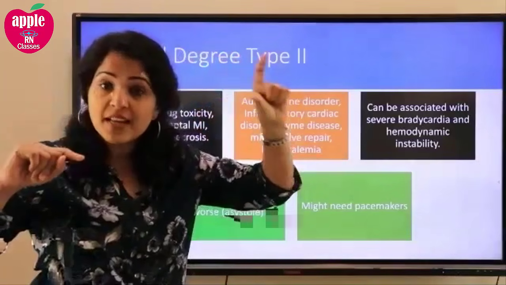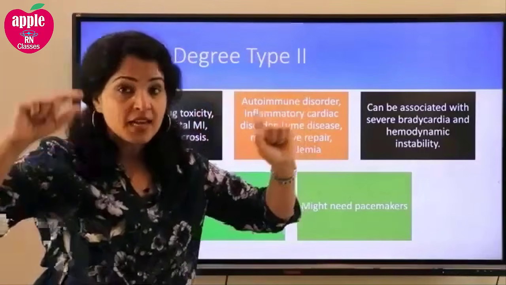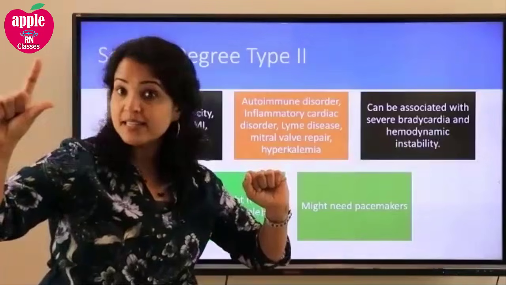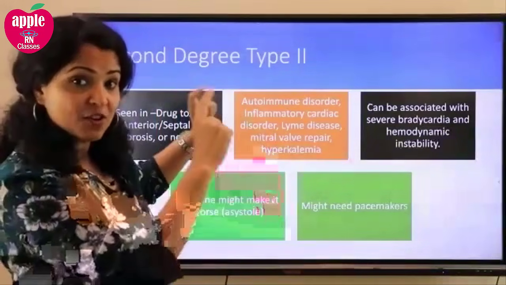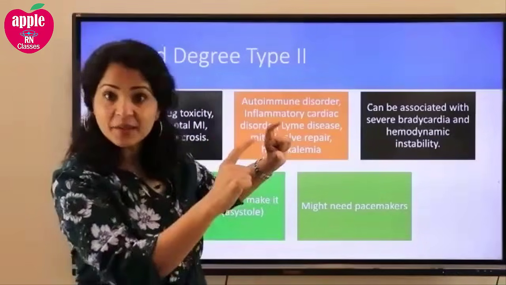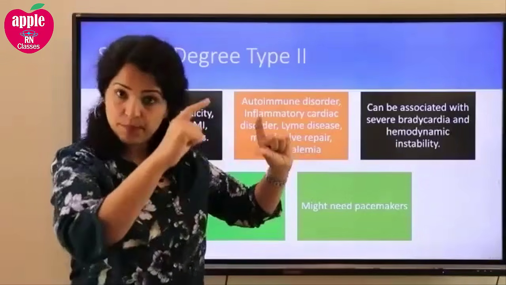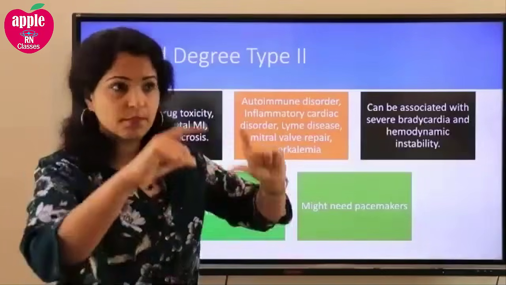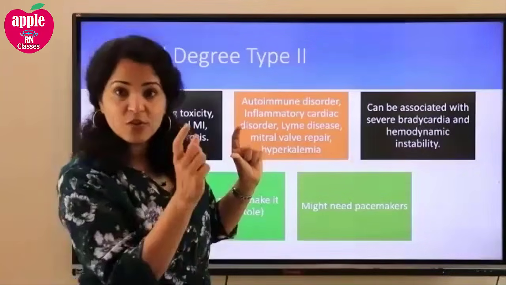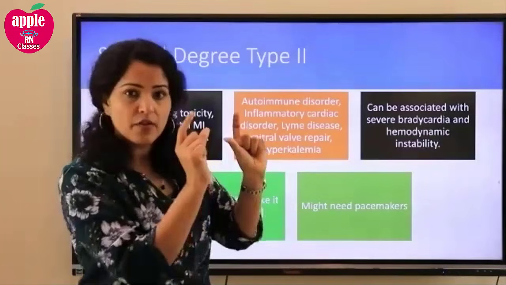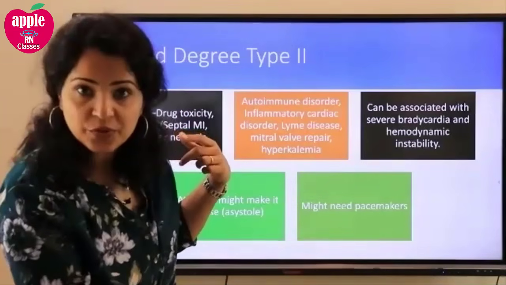We have to make sure that we address that, and we should be able to connect the dots. Oh, this patient is saying he's having fatigue. This patient is saying he is having fainting or dizziness. Maybe let me check the heart rate or the rhythm. And when I check the rhythm, I see that there is PQRS, PQRS, PQRS, no problem, and then there is no QRS. When I looked at the PR interval, it seemed like everything is perfect, but then there is no QRS.